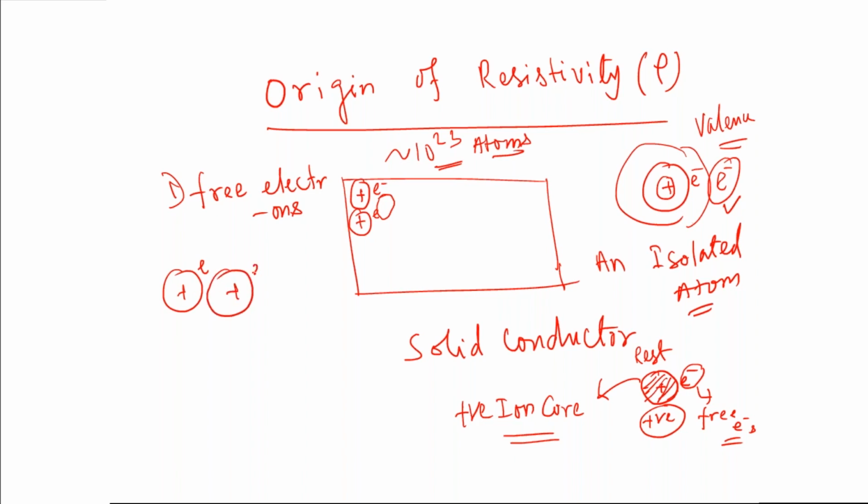When you have one atom and another very close to each other, they have certain interactions. Both will have repulsion, the nucleus will attract this electron, and this electron will again be attracted by the other nucleus. Like that, there are many interactions.